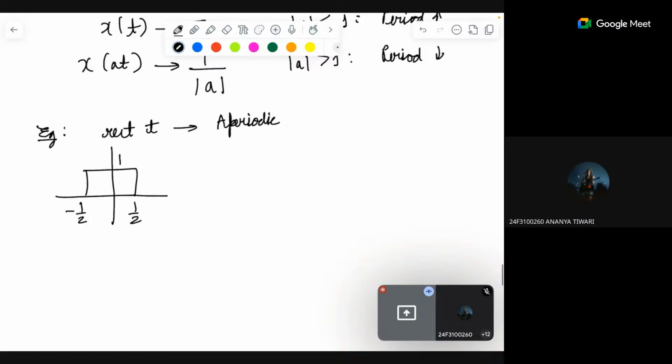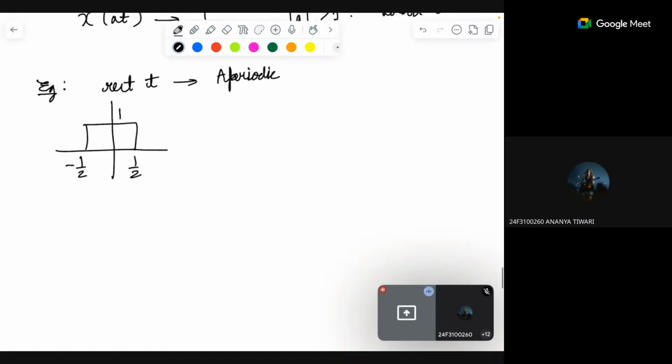Now if I take this signal, the sum over n from minus infinity to infinity of rect of t minus nT, where T is a constant and I am giving it that T is greater than or equal to the length of my finite length signal, which in this case is rect of t. So here T will be greater than or equal to 1.